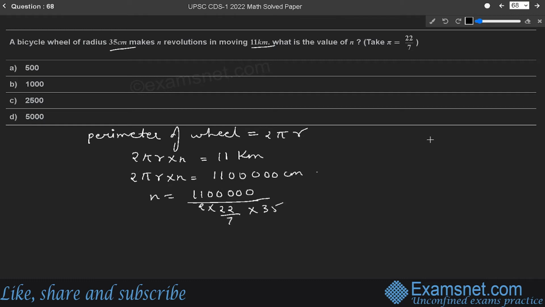This will be equal to 5. So n will be equal to 110000 upon 44 into 5, which will be equal to 5000. So the value of n here is 5000. Therefore the correct option is option D. I hope this question is clear to you.